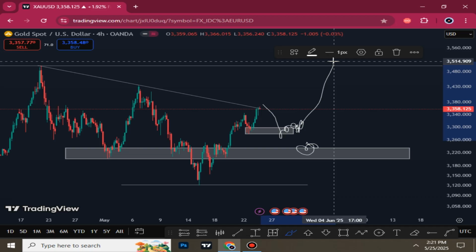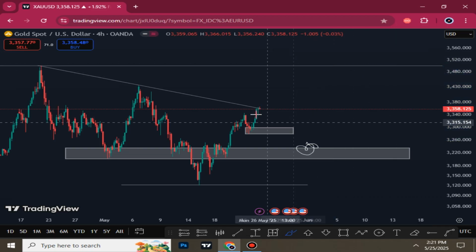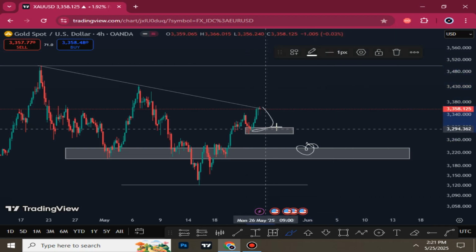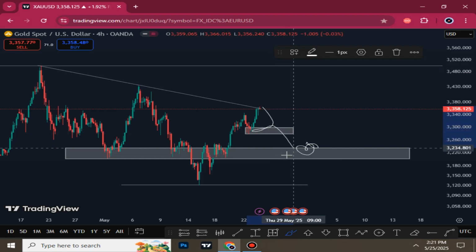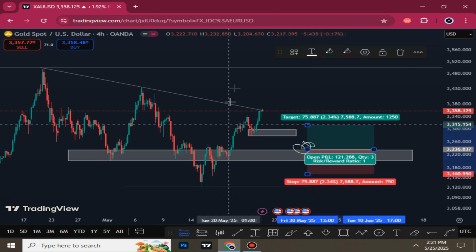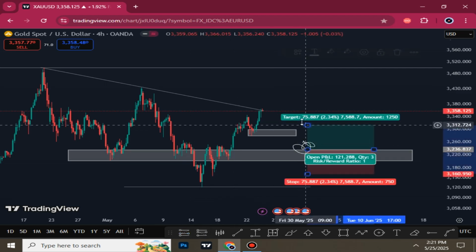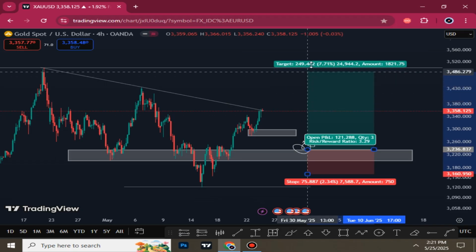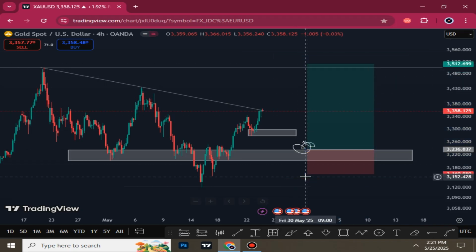I hope that makes sense. And if I see price continues to break this structure, no problem, I want to see what she's going to do around this level right there. Once it touches this zone and it gives me a sign that your bulls are already in this market, look for your entry. Boom, I'm going to take my buy.